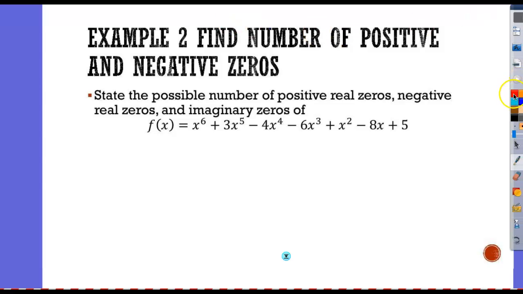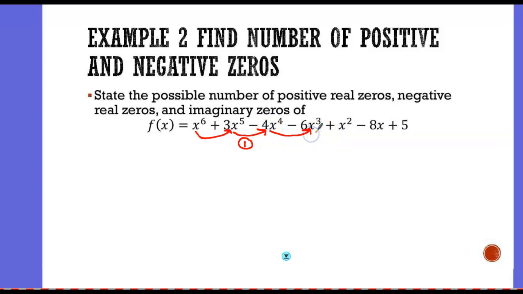Based on Descartes' rule of signs, what I have to do is notice if my sign changes from positive to negative or negative to positive. Notice that x to the 6th is positive, and 3x to the 5th is also positive, so no change in sign there. Whereas this third term is negative, so that would be 1 change in signs. Again, still negative, so I didn't change. This changed to positive, so that's another sign change. From there, it changed to negative, that's a sign change.